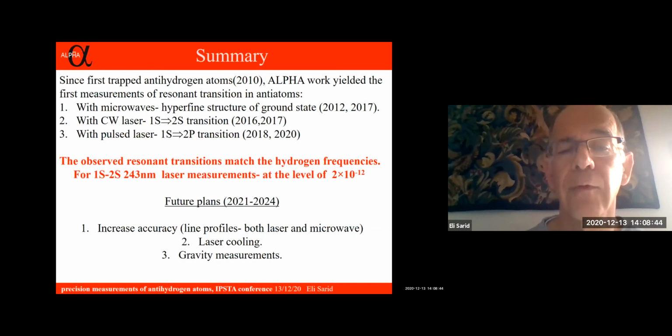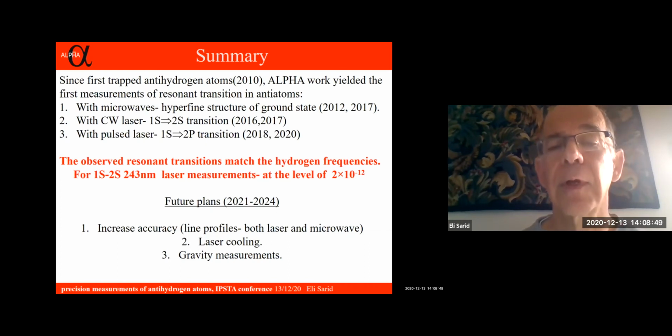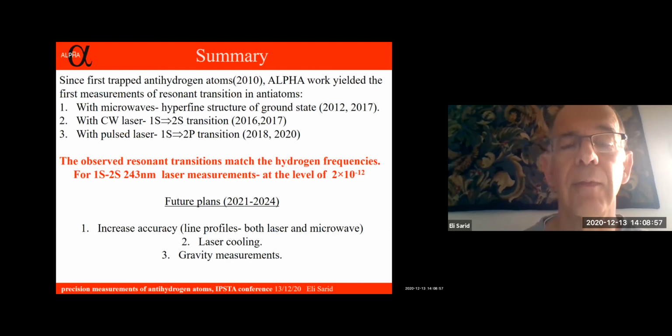With 2-photon CW laser, 243 nanometer, the 1s to 2s transition in 2016, 2017, improvement. And the last measurement, 1s to 2p, these last 3 years.